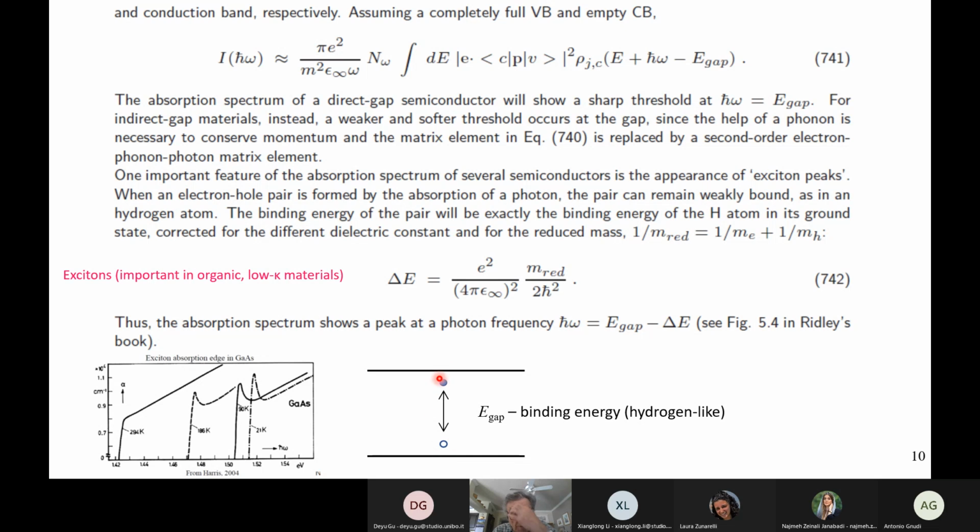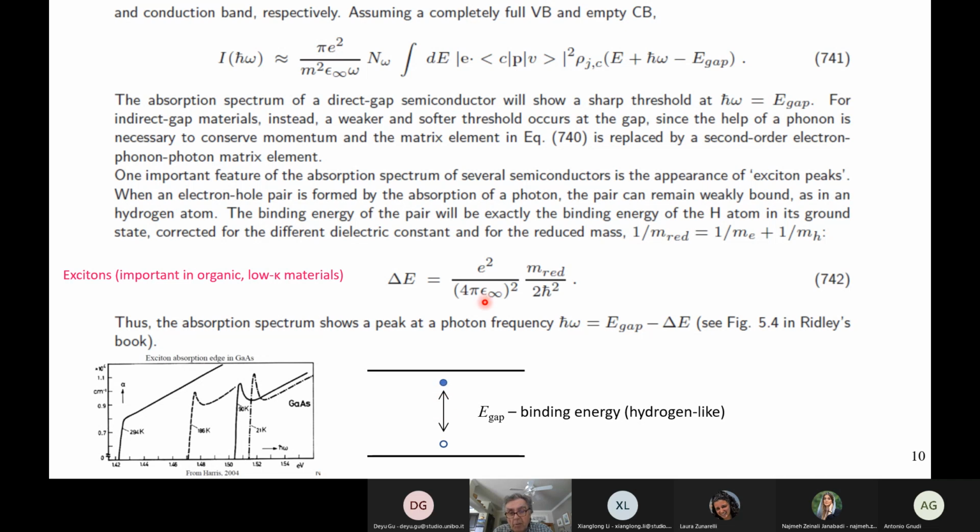This Coulomb interaction matters in materials in which the dielectric constant is small, particularly organic polymers, which are used a lot in solar cells now to make cheap absorbing material. And in this case, you have to worry about this process.